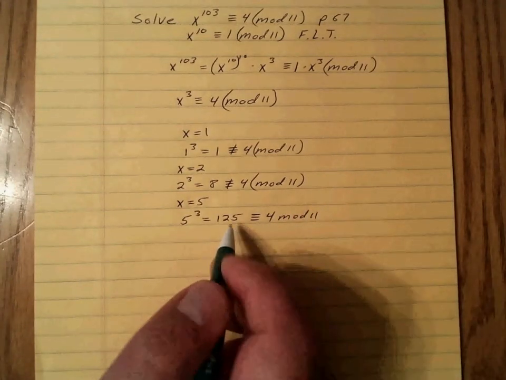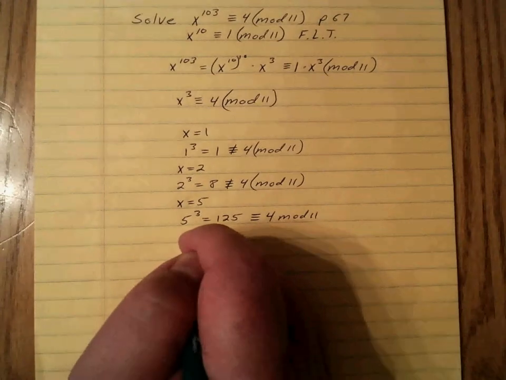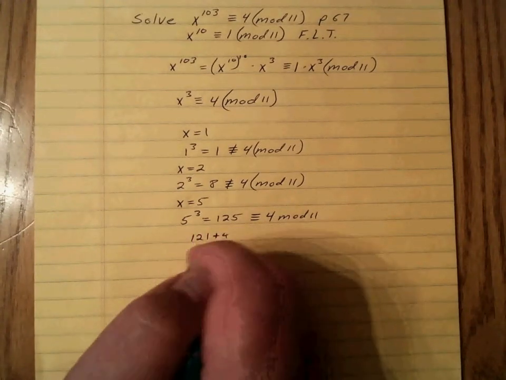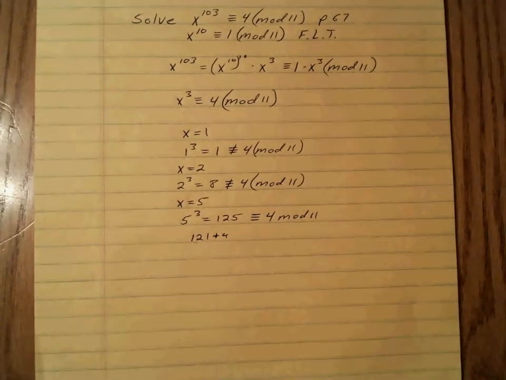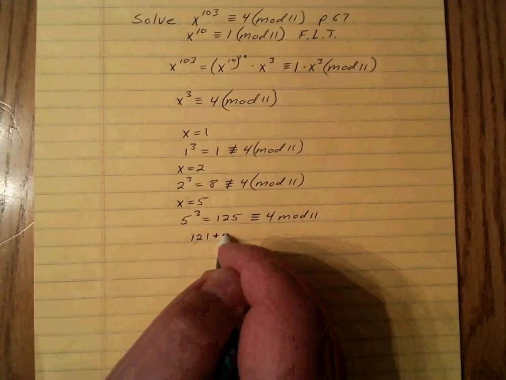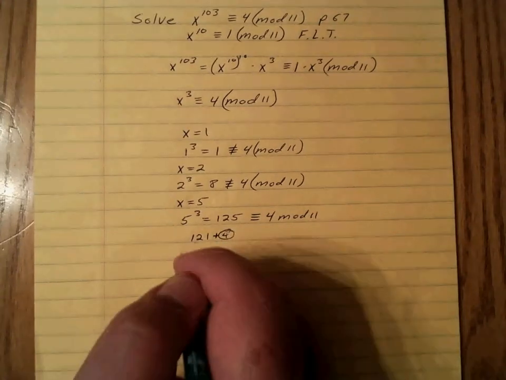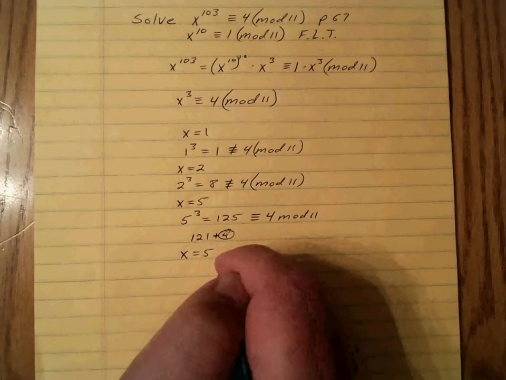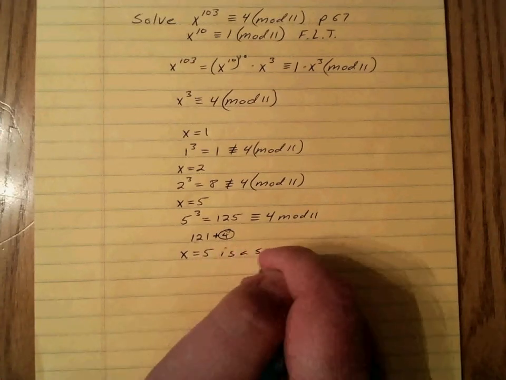What you have is 125 is actually 121 plus 4, and 11 goes into 121 11 times with your remainder of 4, and so the answer here is that x is equal to 5 is a solution.